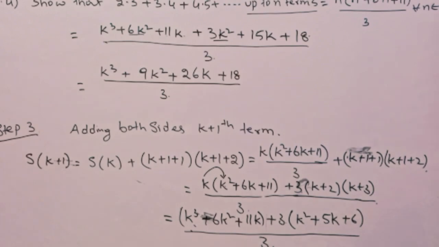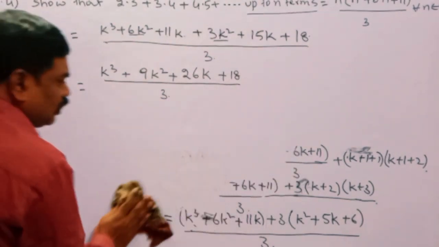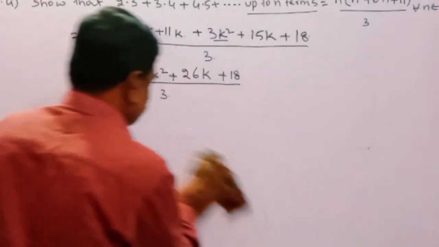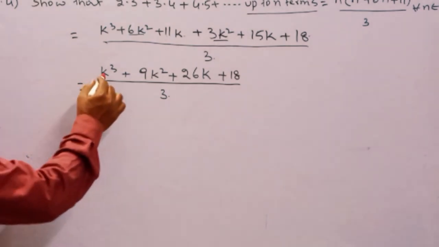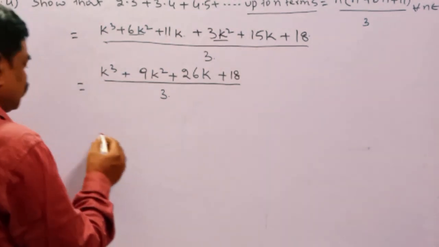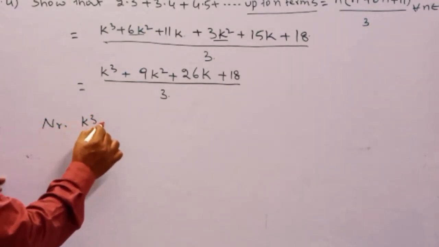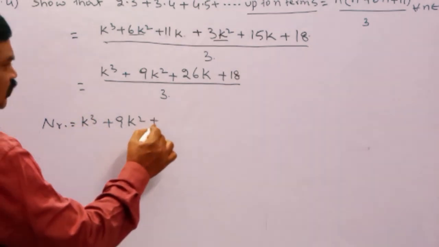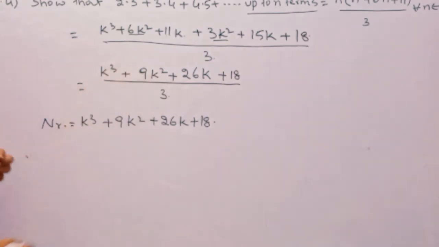Okay, all of you. Then you take the numerator from this fraction. Numerator: k cube plus 9k square plus 26k plus 18.